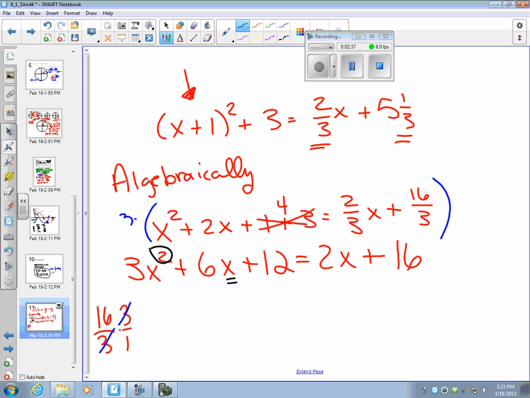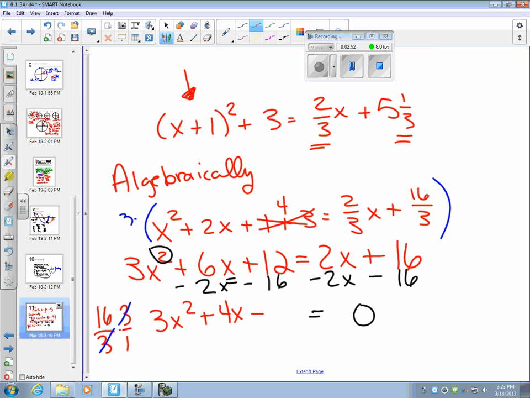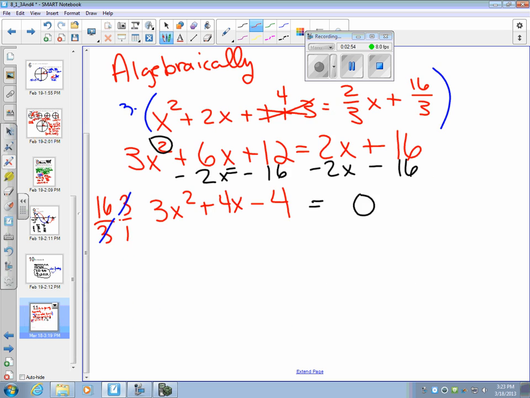I'm going to do that by first subtracting 2x, then subtracting 16, because then I get 0. So now I have 3x squared plus 4x minus 4 equals 0.